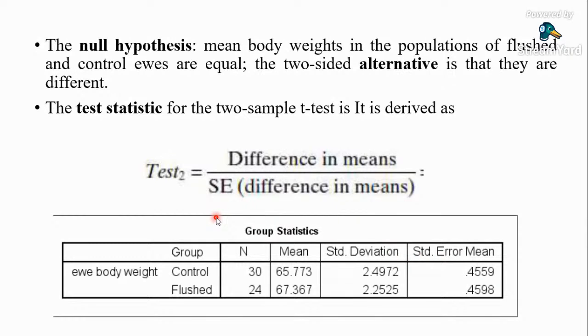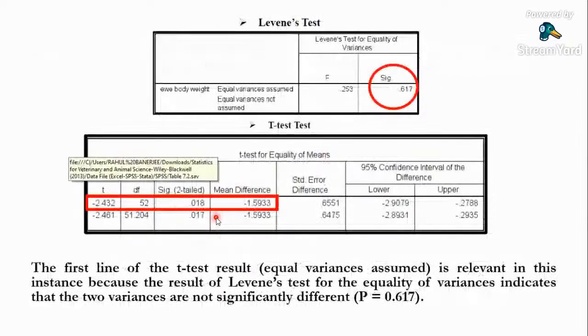So this is the descriptive analysis that we performed first before carrying out the actual test. Then I performed a Levene's test because I need to check whether we have homoscedasticity of variance or not. The first line of the t-test result, equal variance assumption, is relevant in this instance because the result of Levene's test indicates that the two variances are not significantly different.